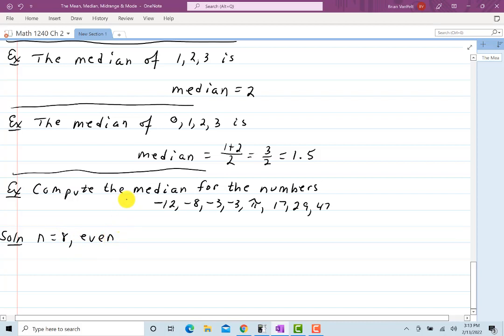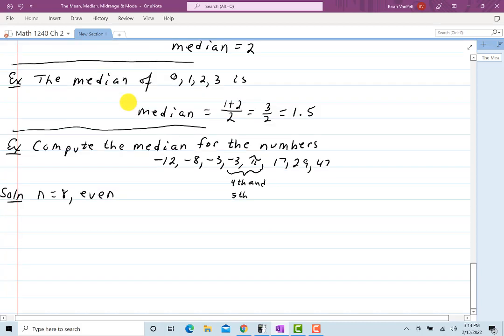So I look for the middle two numbers. Notice that it's already been organized from smallest to largest. So what are my middle two numbers? Well, those are numbers 4 and 5. So 1, 2, 3, 4. So 4 and 5, those are my fourth and fifth numbers.